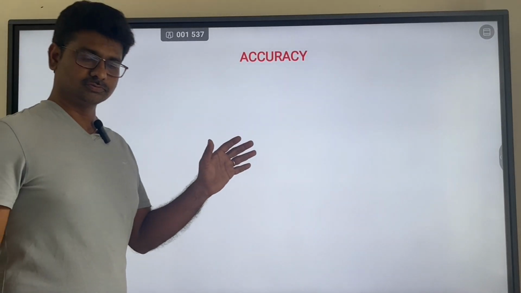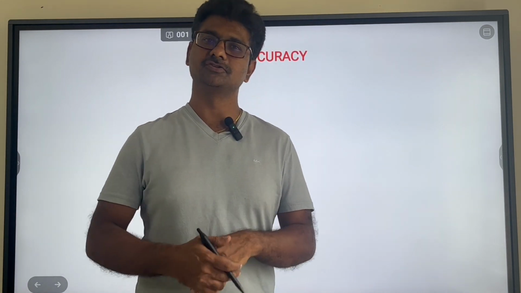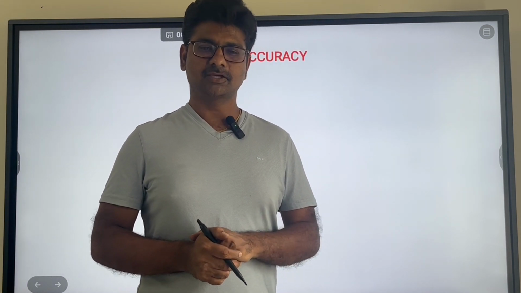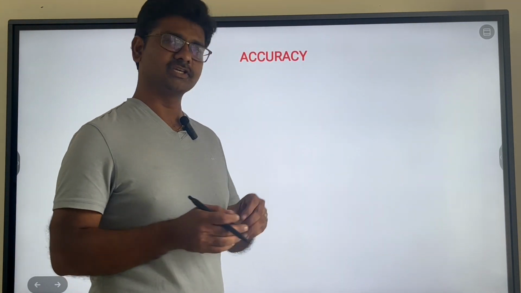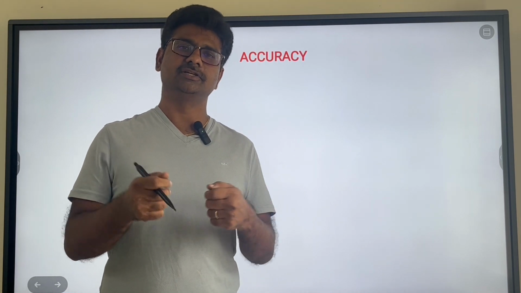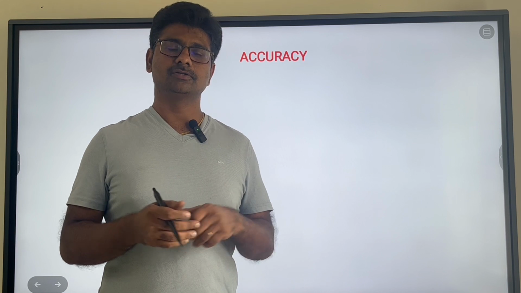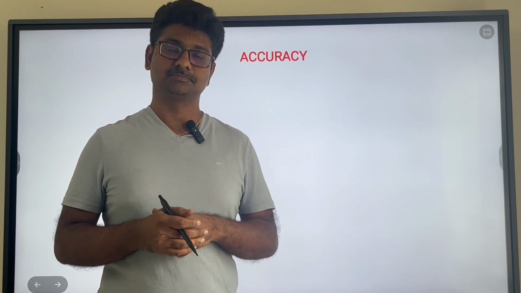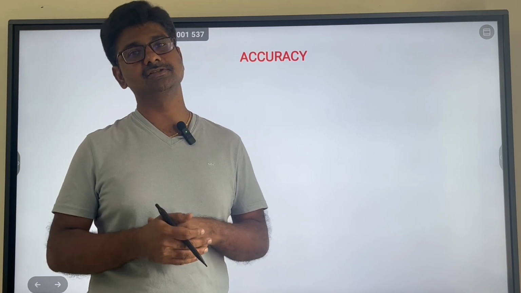Now the most important thing is the accuracy of a measuring instrument. When I say accuracy of a measuring instrument, for example, we take the case of a ruler, a small scale, which you use generally in your classrooms to draw, right? And also in the last class we have seen vernier calipers. So which is more accurate of these two? Vernier calipers is more accurate.